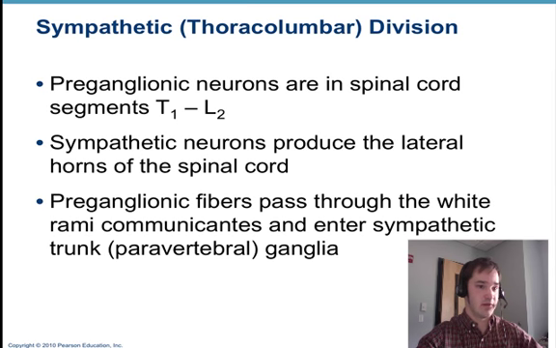They're in the butterfly wings of the spinal cord. They're the bumps on the side of the wings. The preganglionic fibers can pass through those white rami communicantes, which we've seen before, and then enter sympathetic trunk ganglia.